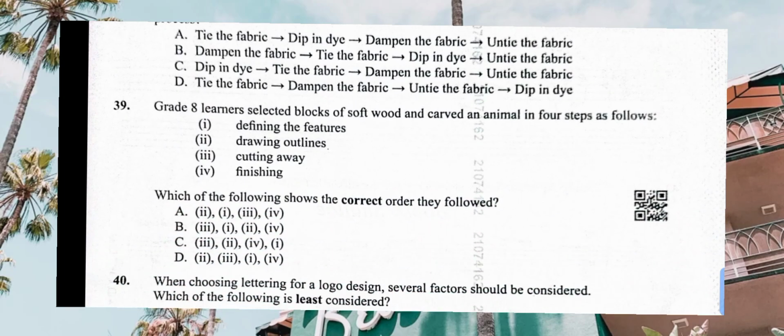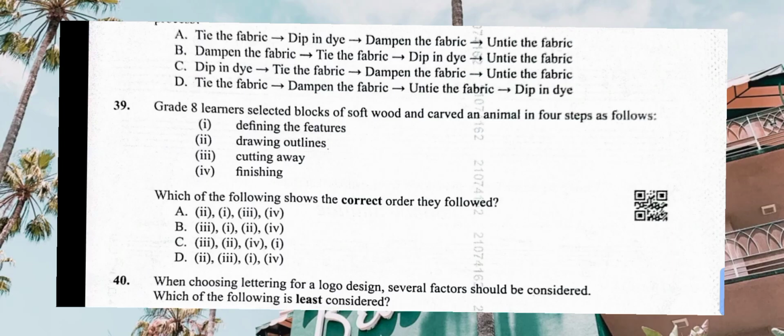Then number 39, grade 8 learners selected blocks of softwood and carved an animal in 4 steps as follows: defining the features, drawing outlines, cutting away, then finishing. So which of the following shows the correct order as they are followed?